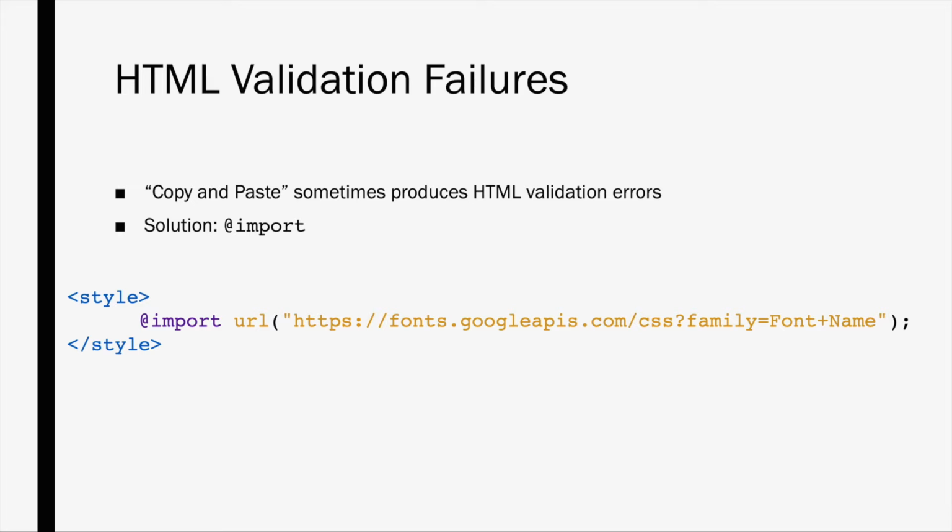This means that inside embedded CSS, in this case using the style tag, you can import the same URL by saying @import url, with parentheses, and then the URL inside quotations, ending with the closing parenthesis and the semicolon. This way it allows for the importation of the CSS style sheet, and then once you have this, your HTML validation should work.